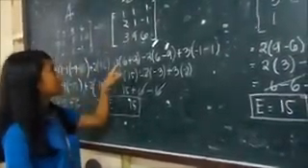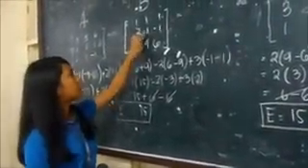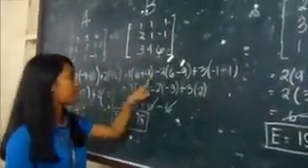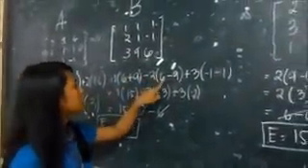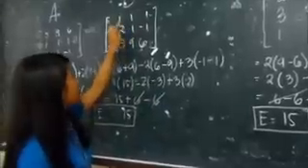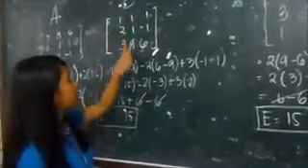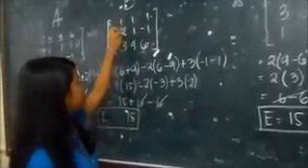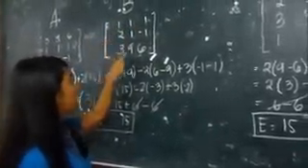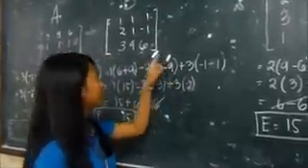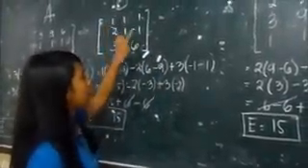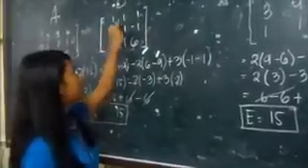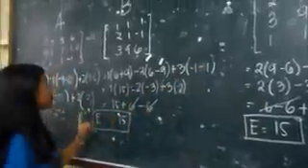Now, let's multiply it. 1 times 6 is 6, 9 times 1 is 9. 1 times 6 is 6, 1 times 9 is 9. 1 times negative 1 is negative 1, minus 1 times 1 is 1.